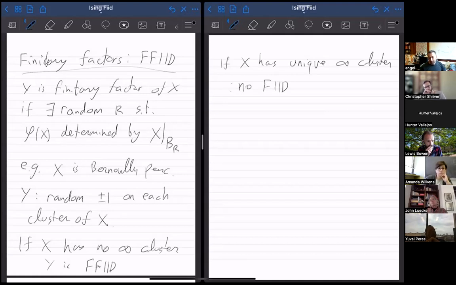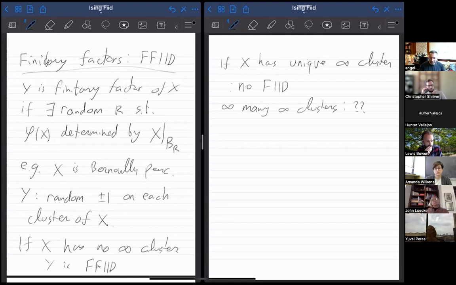And if you have infinitely many infinite clusters, then this is not so clear anymore. There are several cases you can think of.